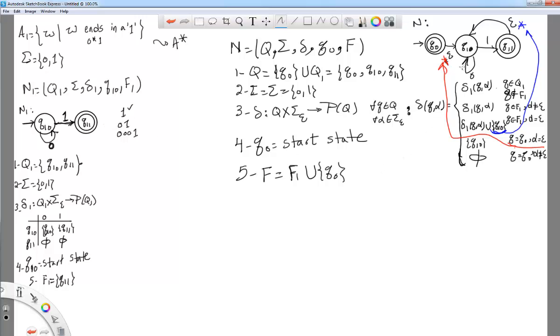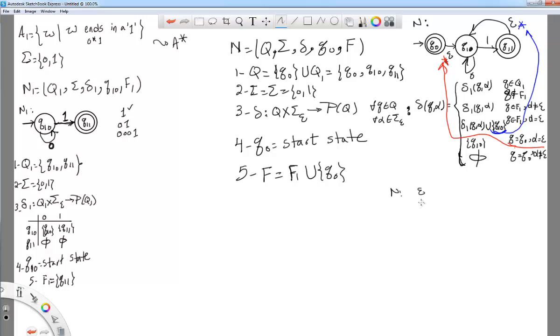So what does this machine recognize? This machine, N, recognizes epsilon, because it starts in an accept state, and it also recognizes a 1 or any combinations of 0s ending in 1s.